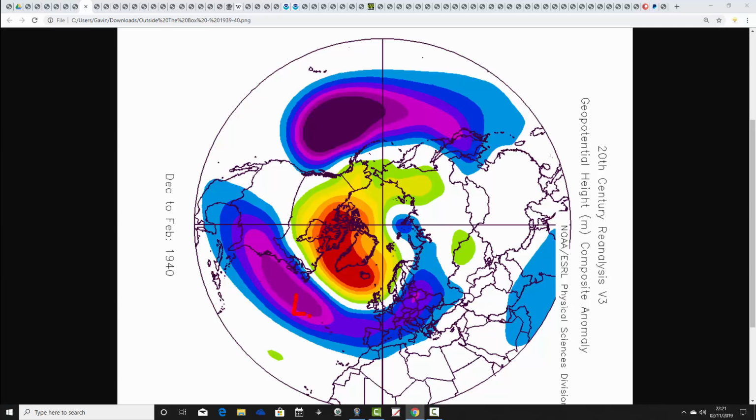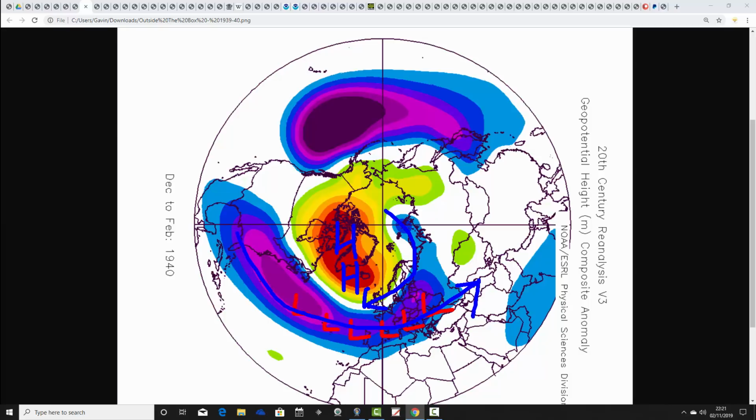1939-1940, severely cold winter. This one in Richard's Outside of the Box analogues. You can see the massive amount of northern blocking that we have up towards Greenland and Iceland, with the jet stream plunged southwards and bringing in these cold east or northeast winds.